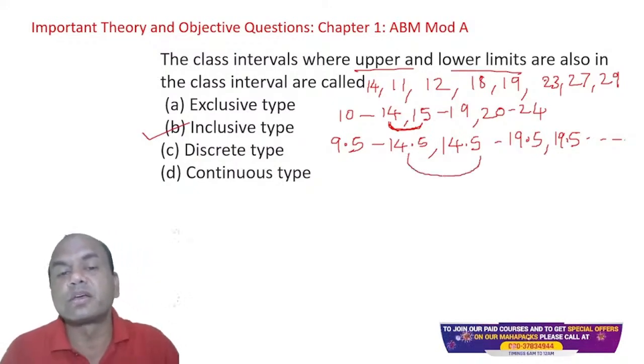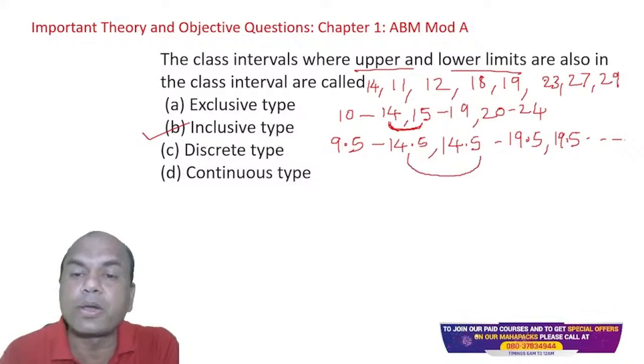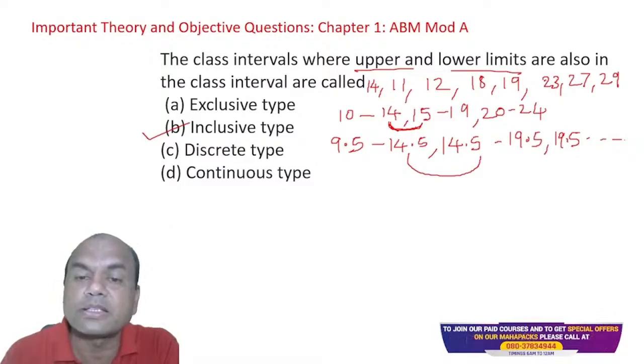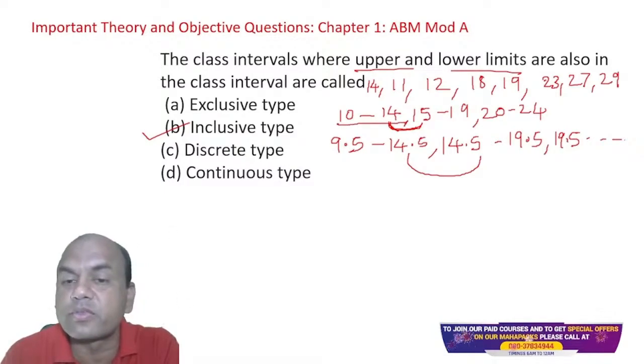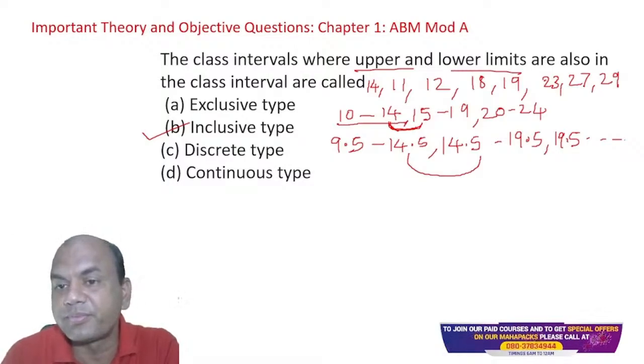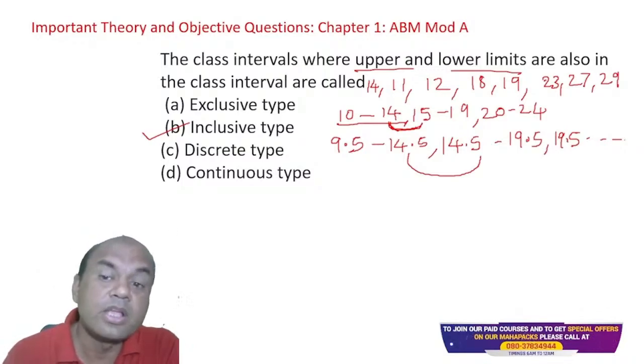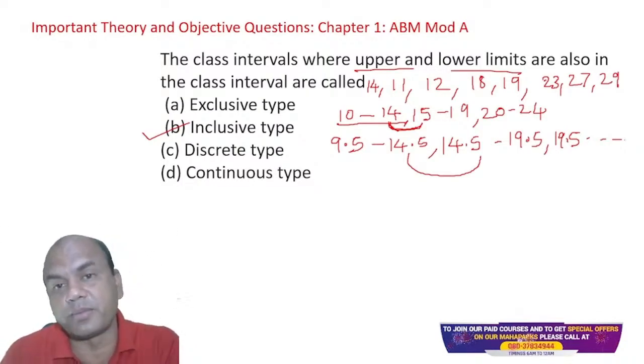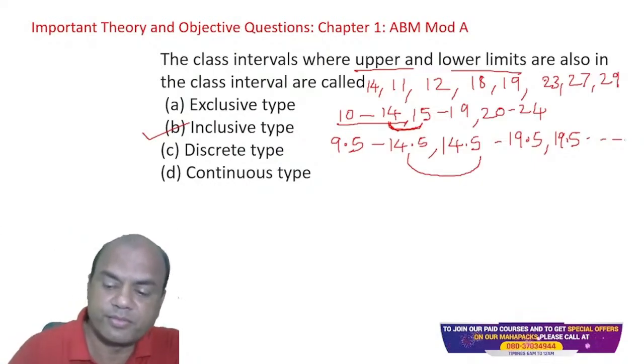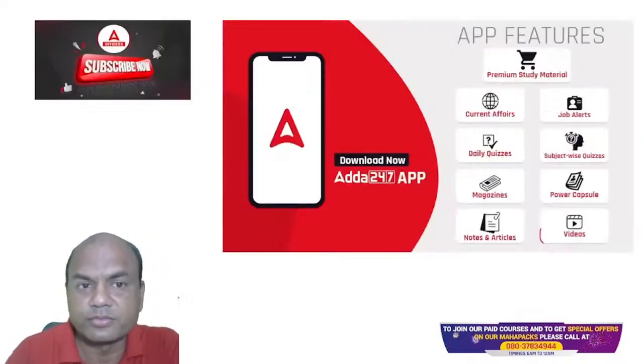So where the upper and lower limits are also part of the class interval, suppose I get the number 14, I'll arrange it in this class, not in 15. 19 I'll arrange in this class. Remaining are easy for you. So this is known as inclusive type. Got it, everyone? Clear? Move on.